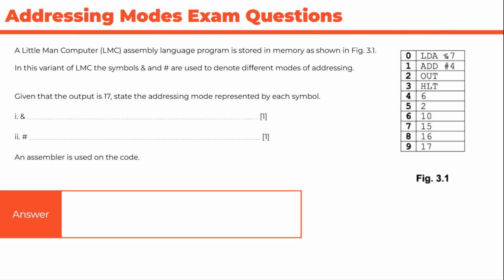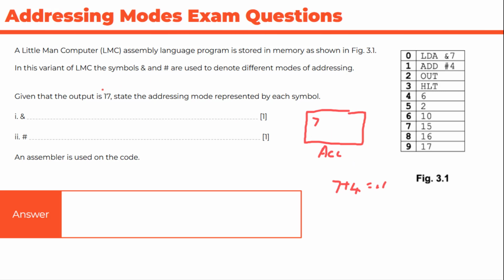So LDA ampersand 7, if I just put in my accumulator here for a second, if I was using immediate addressing, it would be 7 that gets loaded in directly. Then I'm going to add whatever's at memory address 4. Now, if I was going to add 4 to this directly, again, in immediate addressing, what is 7 plus 4? It could be 7 plus 4, which equals 11.